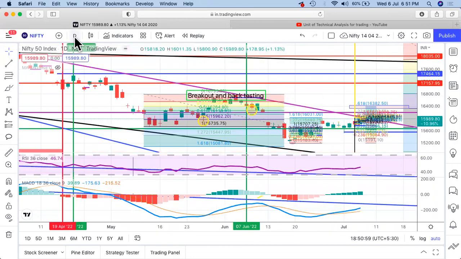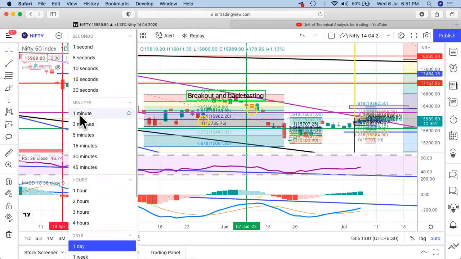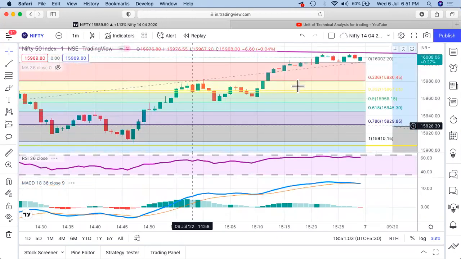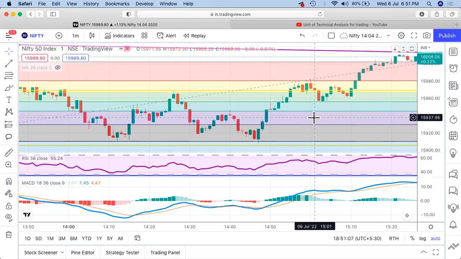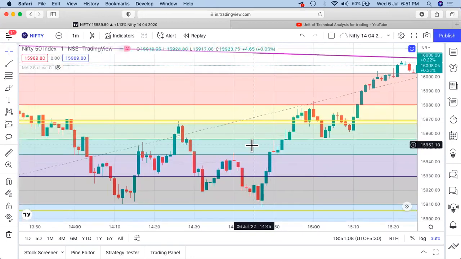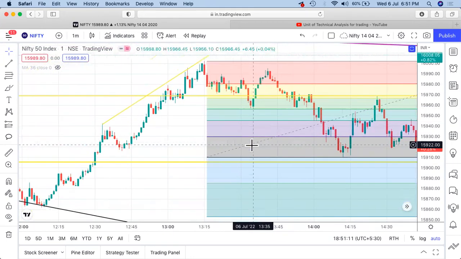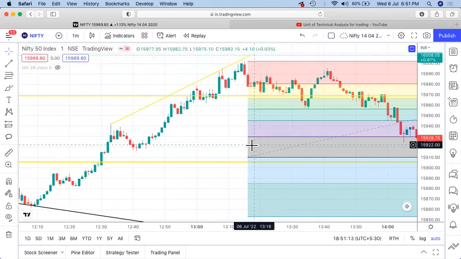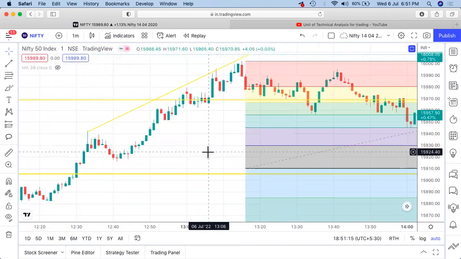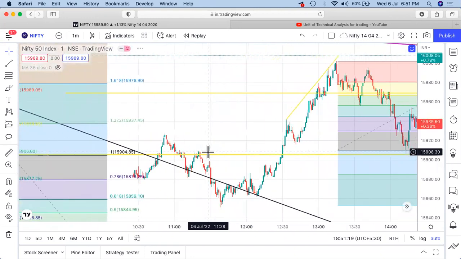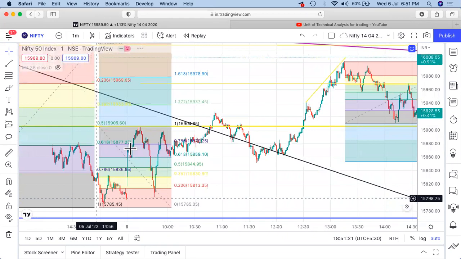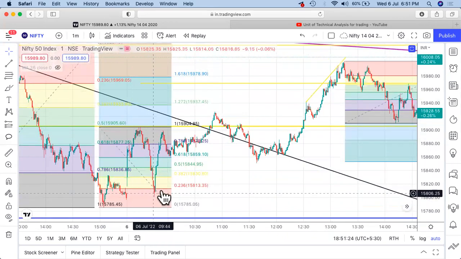I'll just come down to maybe the 1 minute chart. Now basically what happened is, here we got a reversal, and from here we were going in an uptrend.